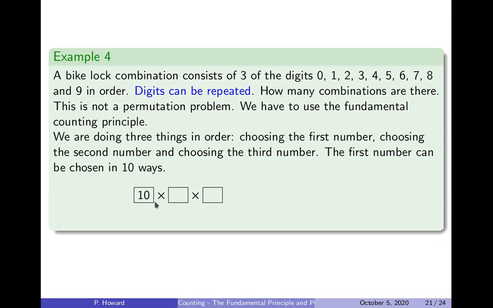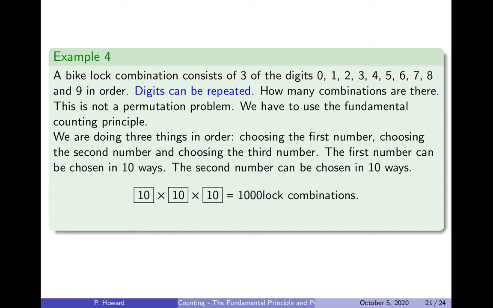The second choice can be made in 10 ways. Repeat digits are allowed. And the third choice can be made in 10 ways. So the total number of bike lock combinations is 1,000.